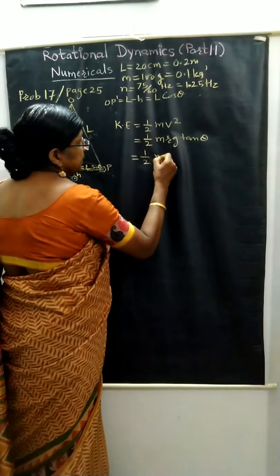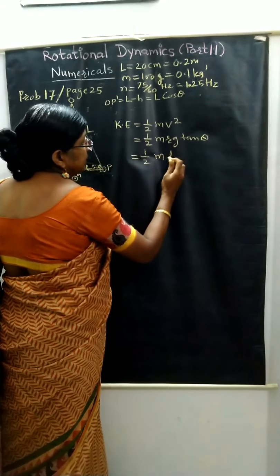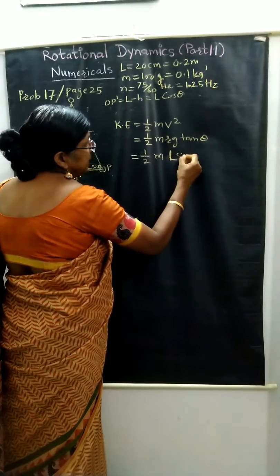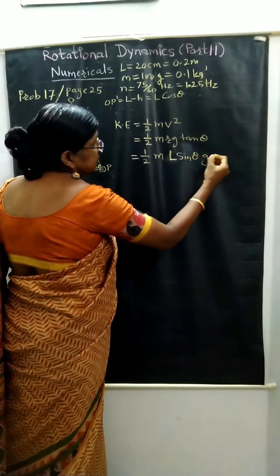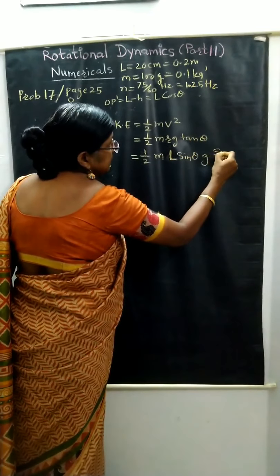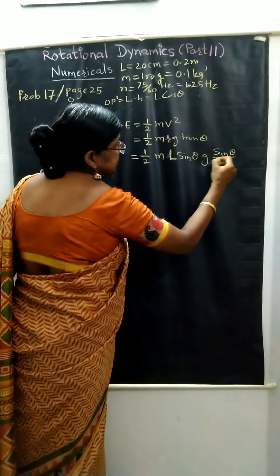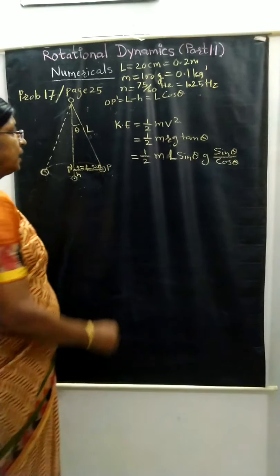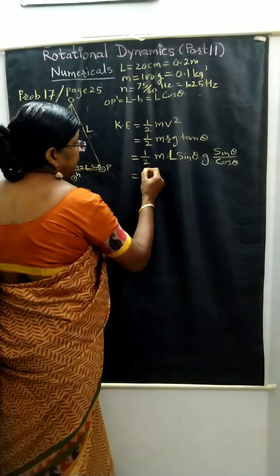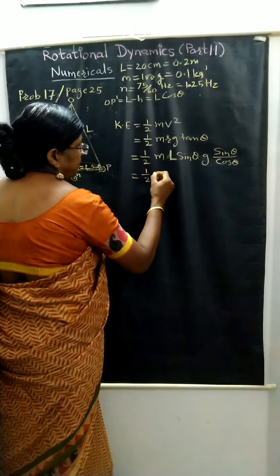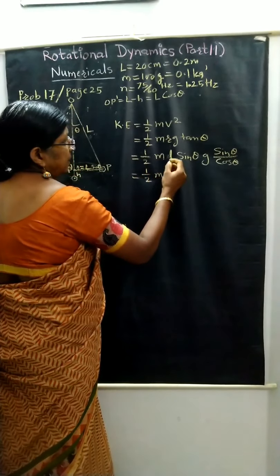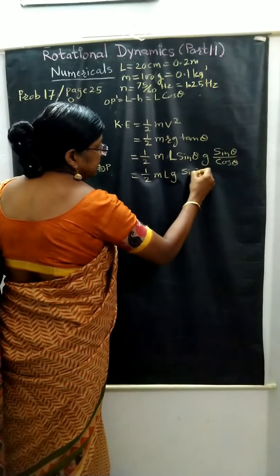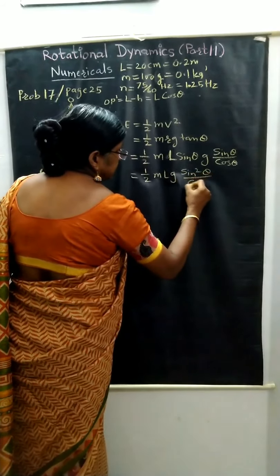So this becomes m into L. L is written as capital, so here also we shall write capital L. L sin theta into g into tan theta, which means sin theta upon cos theta. Here it becomes half of m L into g into sin square theta upon cos theta.